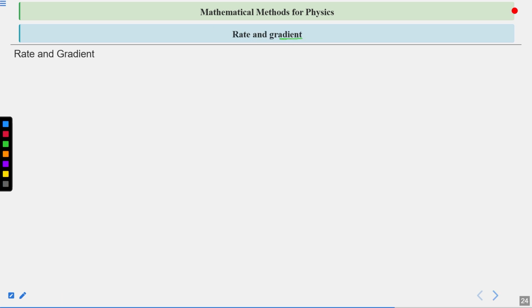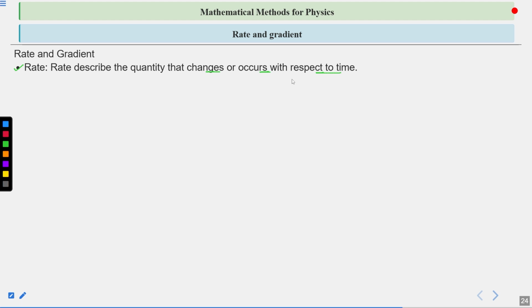Rate and gradient. This is also important. When we learn the chapter motion in a straight line, the terms rate and gradient are present. Rate describes the quantity that changes or occurs with respect to time. If we talk about velocity, suppose we have an object at point A. After some time the position of that object will change.